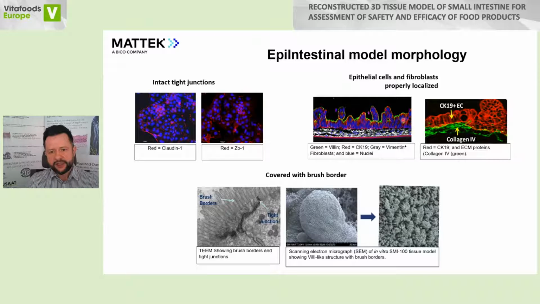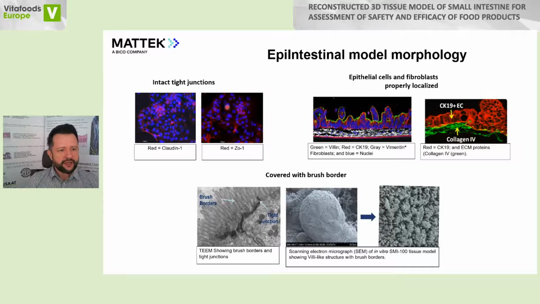Here is the histology stained immunohistochemically of the full thickness tissue. So you can see the fibroblast layer. On top of it is the epithelial layer with these nice villi-like structures, which are covered by microvilli, as shown here by staining of the villin, which is the main component of these protrusions.